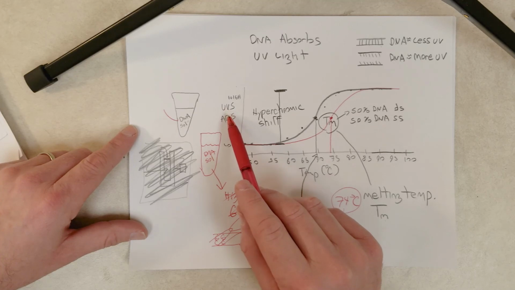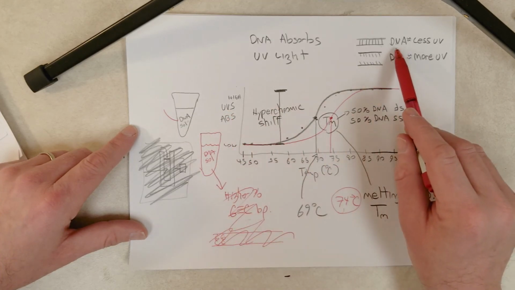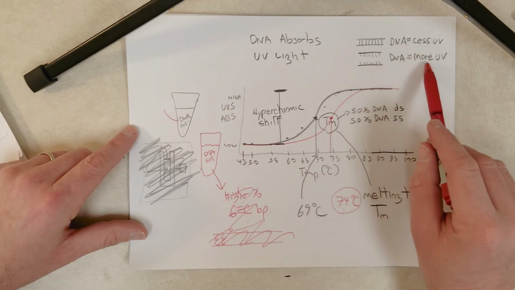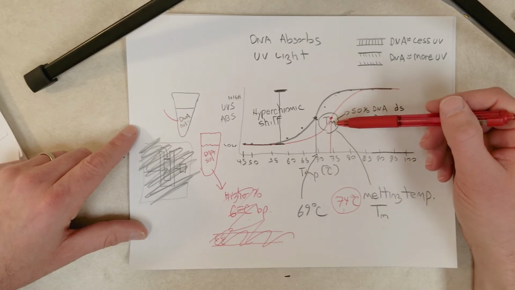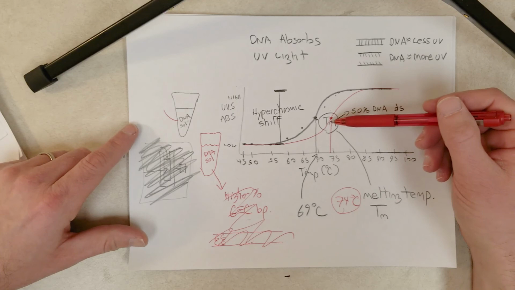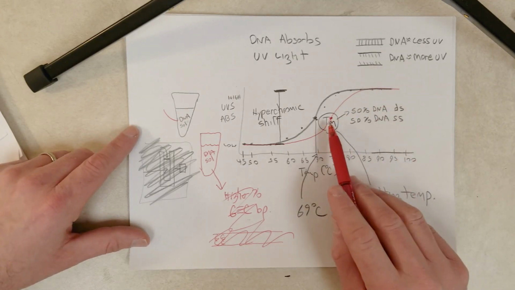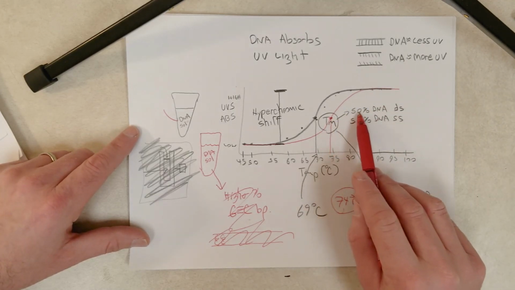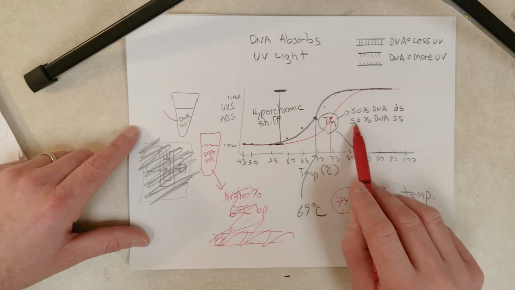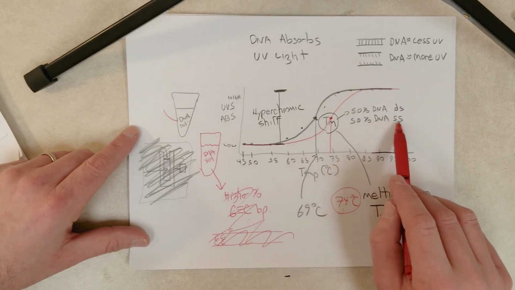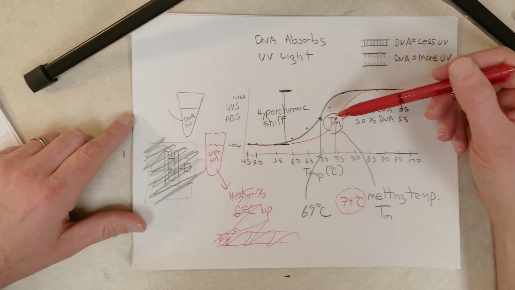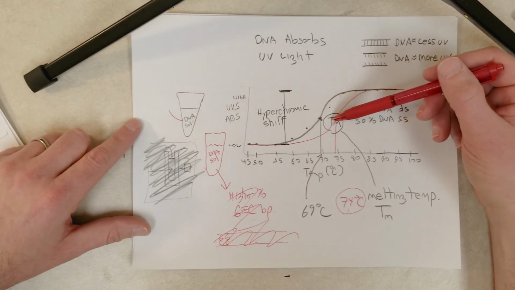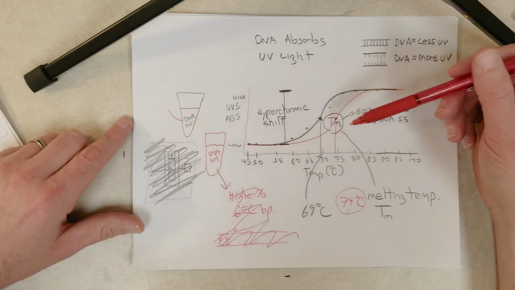DNA absorbs UV light. Double-stranded DNA absorbs less UV light than single-stranded DNA. We also learned about the melting temperature of a solution of DNA and what it means. Essentially, half the DNA in the solution is double-stranded and half is single-stranded. And we learned why different DNA molecules could have different melting temperatures.